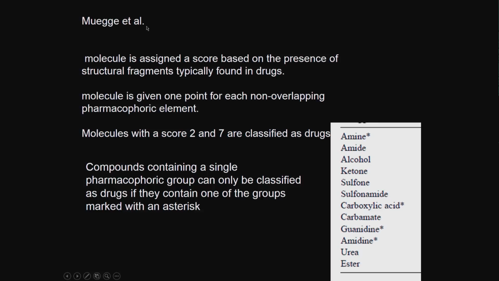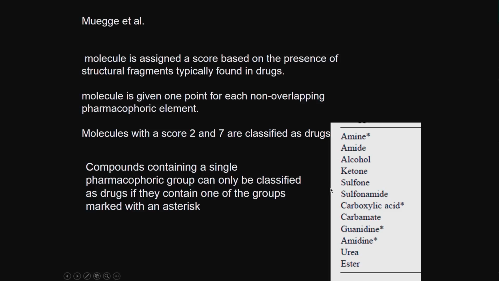Rule. So, what they did was they looked at a molecule and saw whether it had these types of functional groups, amine, amide, alcohol, ketone, sulfone, like that, you know. So, they gave a score based on the presence of a structural fragment typically found in drugs.